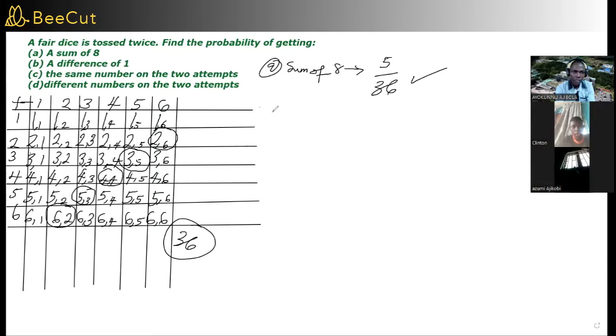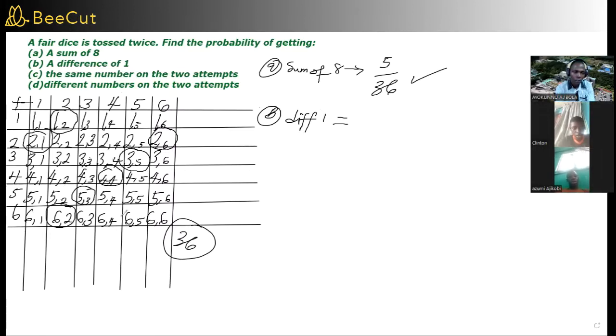Now, the second question says difference of 1. So which ones will give us difference of 1? 1 minus 1 will not give us 1, but 2 minus 1 will give us 1. So if you subtract this, you get 1.